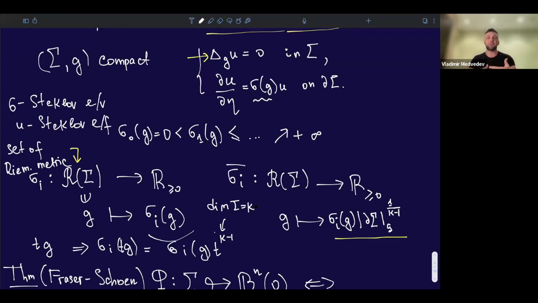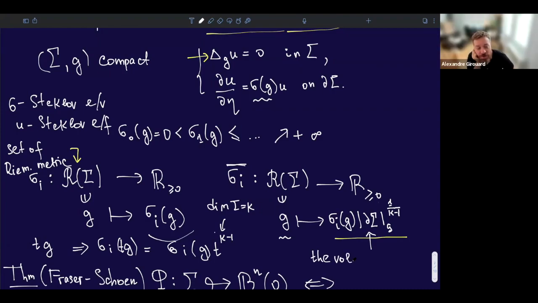In order to improve this situation, we will consider the so-called normalized Steklov eigenvalue, denoted sigma i bar, which is also a functional on the set of Riemannian metrics, which assigns to each metric on sigma the normalized Steklov eigenvalue, which is actually sigma i of g times the volume of the boundary. No, Vlad, I think it's just t to the minus 1.